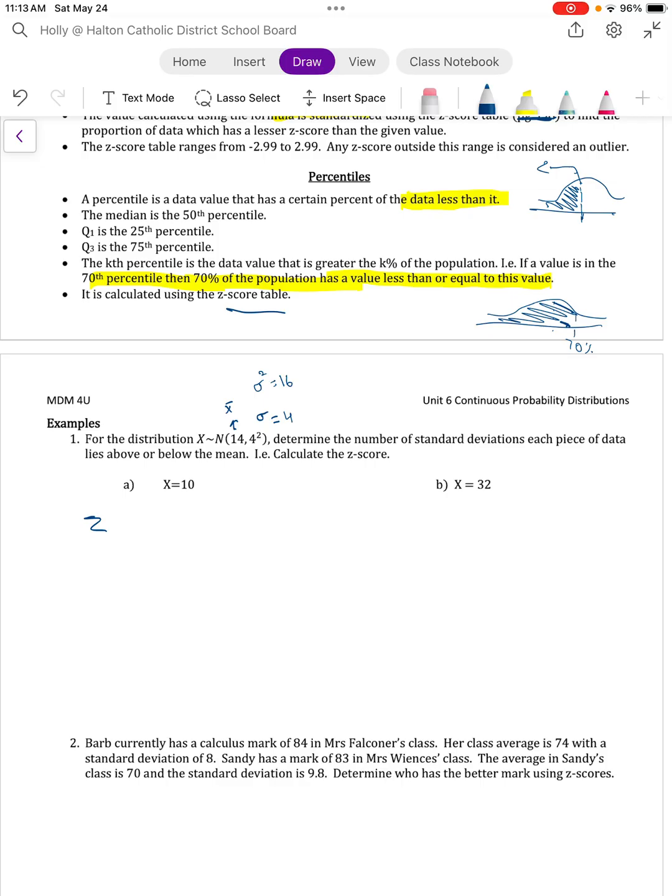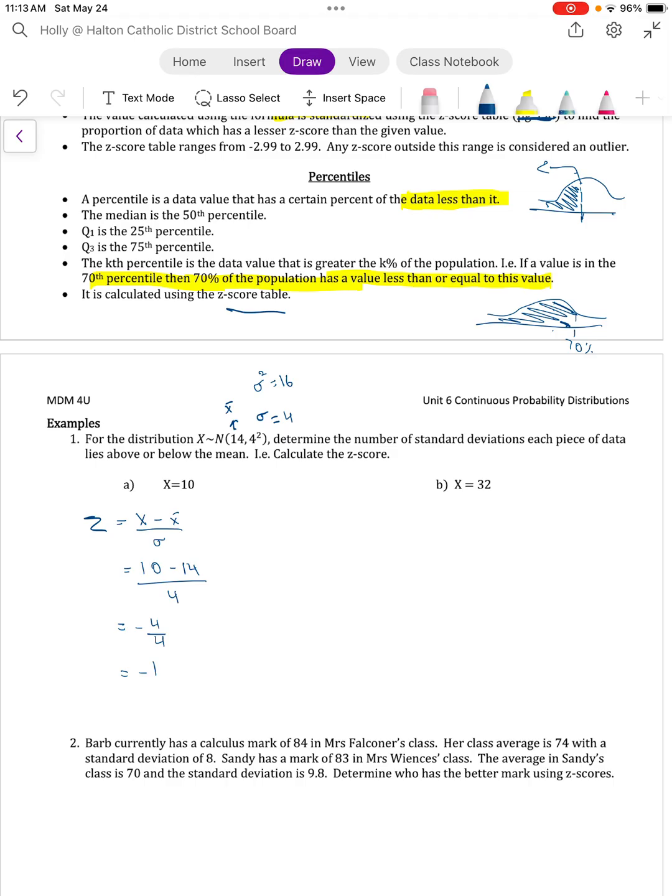So Z is equal to, the formula is the observation minus the mean divided by the standard deviation. So the observation here, x, is 10. Our mean is 14, divided by the standard deviation of 4. So negative 4 over 4 equals negative 1.